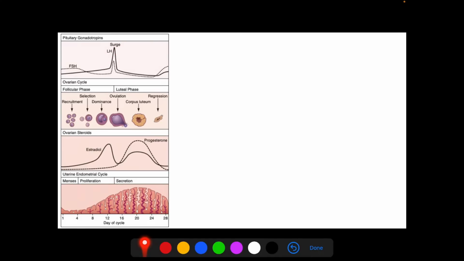That's why as the estradiol increases, you can see here there is also a surge in the production of LH. And that LH is very important for what stage of the ovarian cycle? For ovulation, the release of the egg from the follicle.